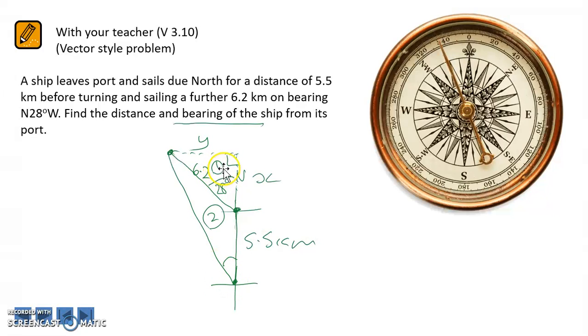So let's label this triangle 1 and this triangle 2. Let's pull out triangle 1 and redraw that so it looks a little bit more simple. So we're trying to find y and x, and we know the angle here is 28, and we know this distance is 6.2 kilometres.